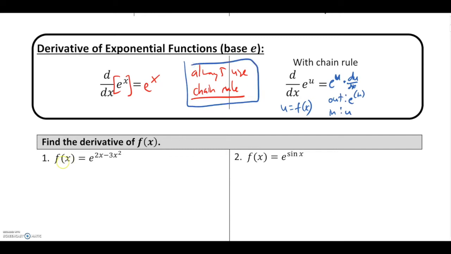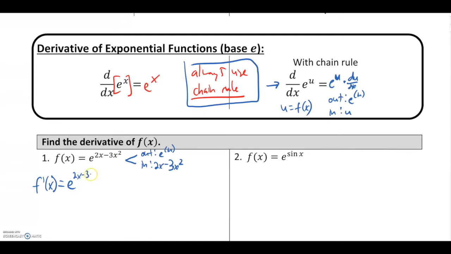We have f of x equals e to the quantity 2x minus 3x squared. This entire function is part of our exponent. So this is going to be chain rule with an outside that is e to something and an inside that is 2x minus 3x squared. And so our derivative would be, just like we've been doing with chain rule, derivative of the outside function, e to anything is going to stay exactly the same.